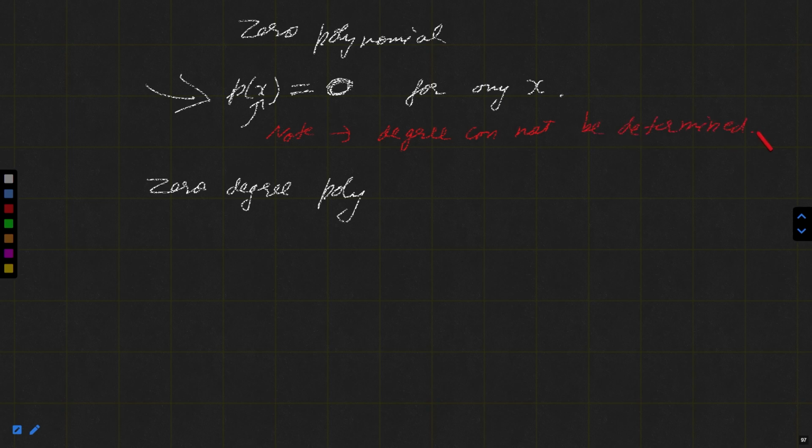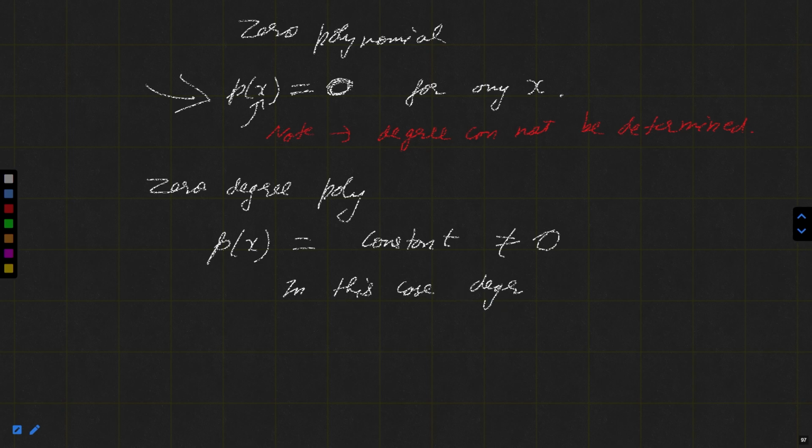But zero degree polynomials are those polynomials where Px is equal to some constant but not 0. In this case, the degree is equal to 0. I hope you recall both of the concepts.